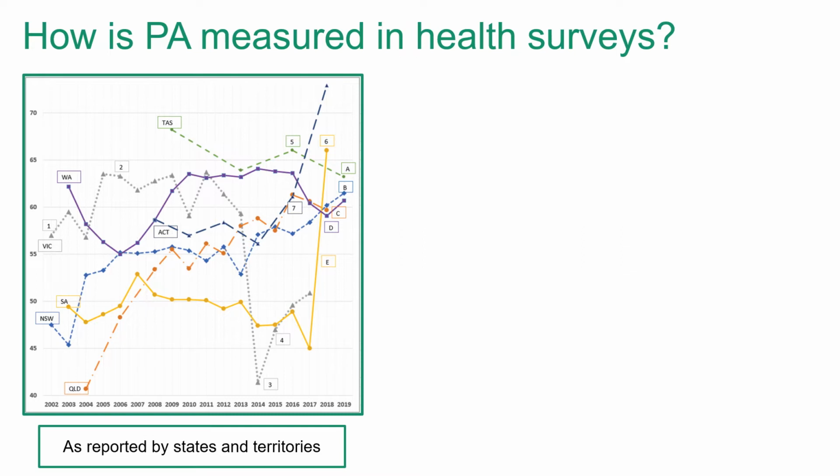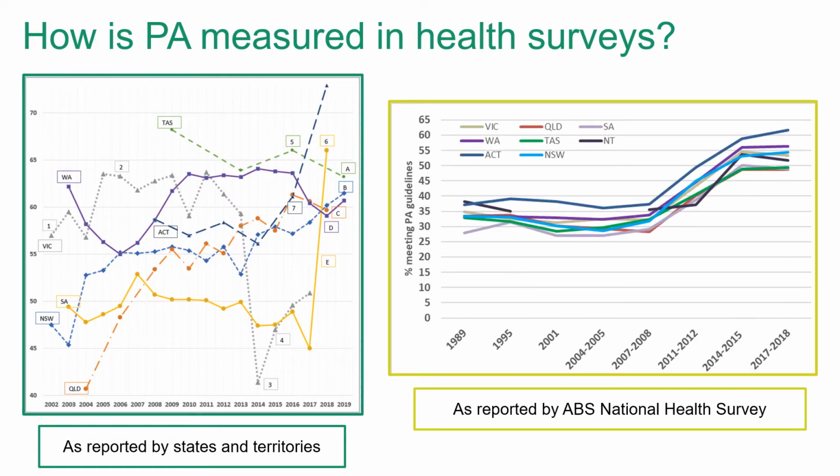What this graph shows is a great deal of variability between jurisdictions and fluctuations over time. But this variability and these fluctuations cannot all be attributable to that jurisdiction's policy or program settings, because in this graph we can see from the state-based analysis of the National Health Survey that the jurisdictions are more similar than the graph on the left would suggest.